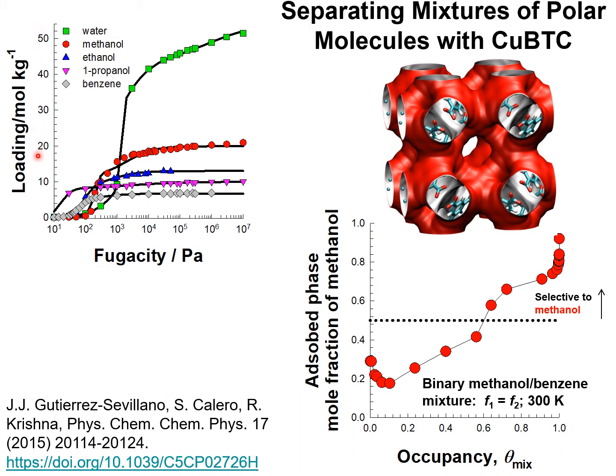Molecular simulations for unary isotherms of water, methanol, ethanol, 1-propanol, and benzene in copper BTC are shown here, where the loading in moles per kilogram is plotted against the fugacity in the bulk phase.